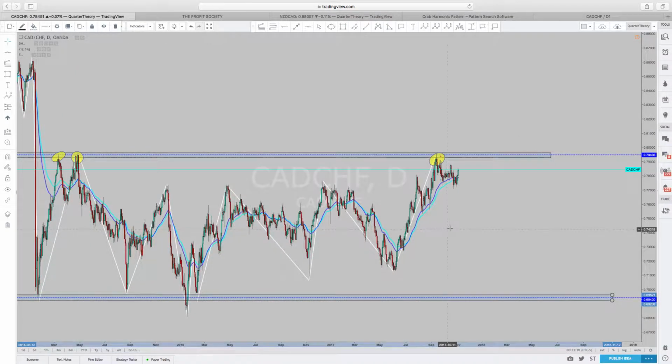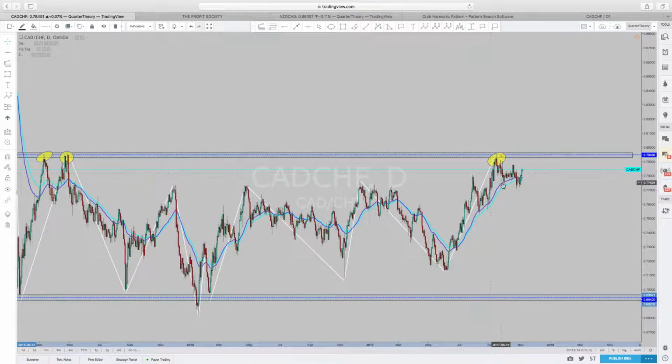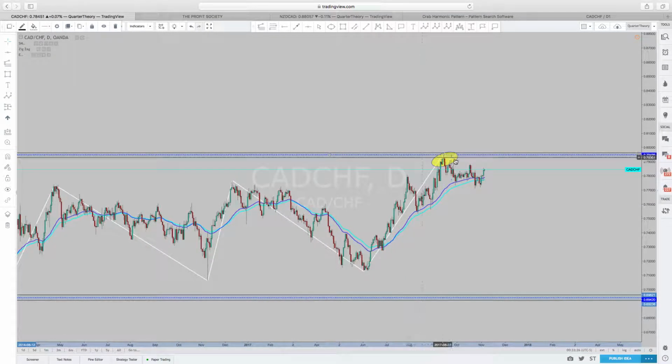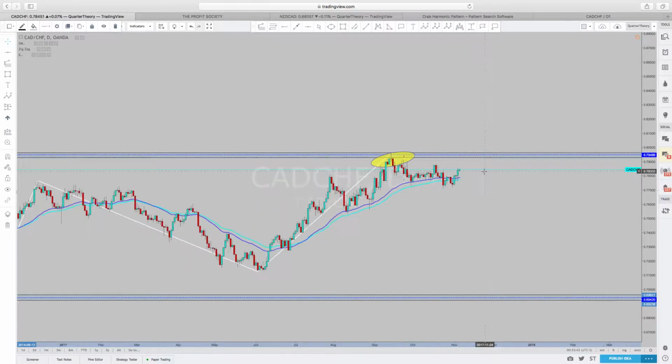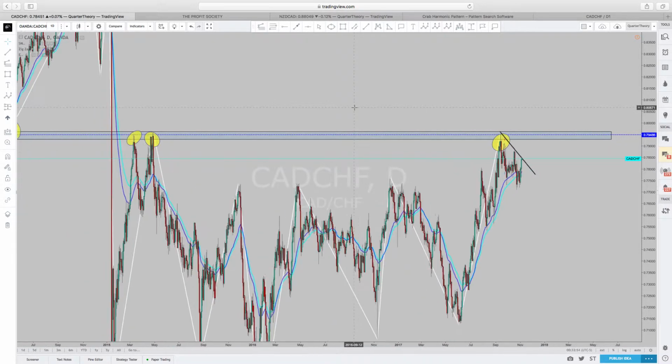So now we know that we are at a resistance area and we have started to make lower highs. What we can do at this point is draw a trend line that indicates that, and a break of the trend line will indicate that we are now making a possible buy trend.